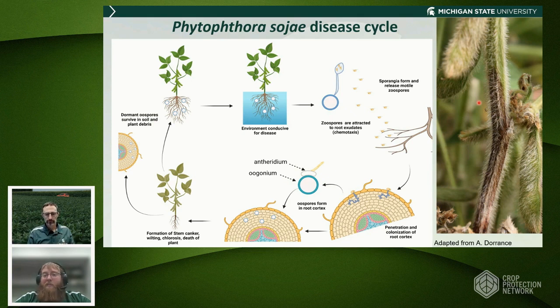There can be some stem cankers that can look similar. Diaporthe stem canker can also cause some death of the above ground stems of the plant, but those typically start off where a petiole attaches to the stem or where a branch attaches to the stem, not coming up from the soil. That's a really good indication if you're trying to identify Phytophthora root and stem rot.